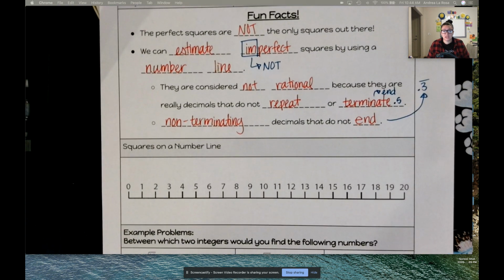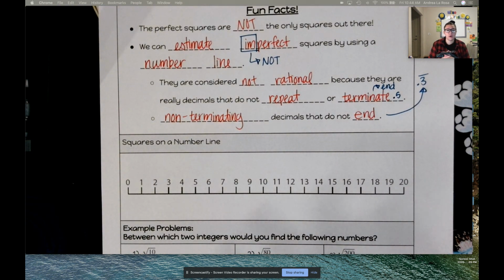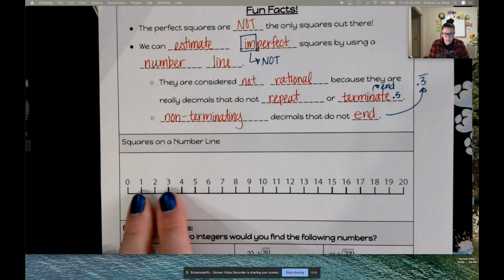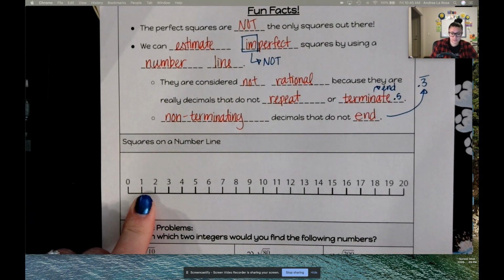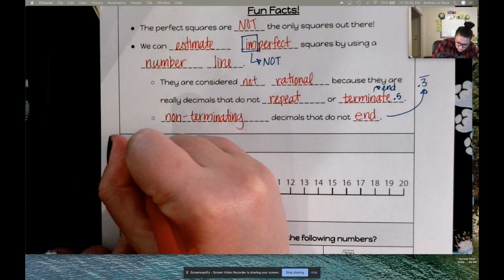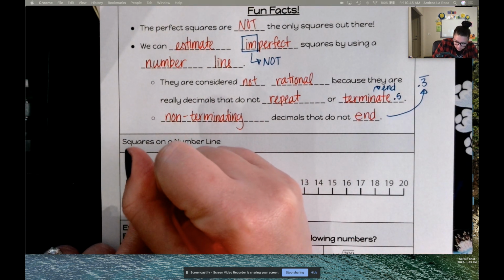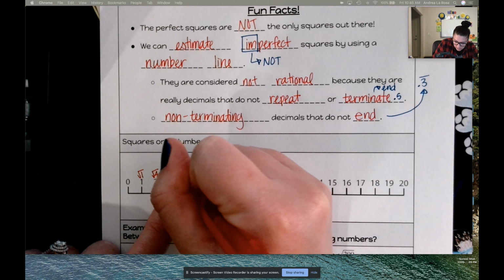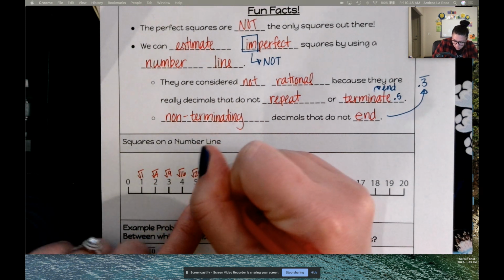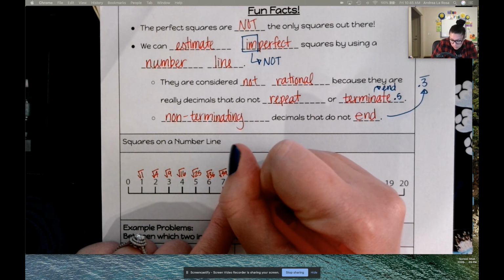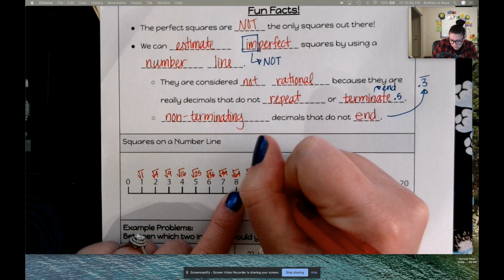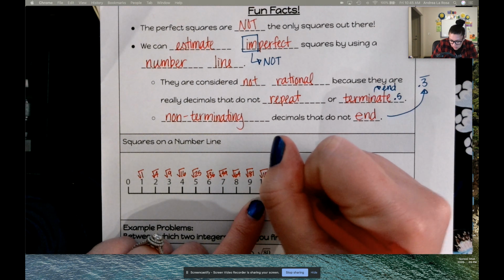So to get into estimating where imperfect squares and square roots are going to be on our number line, we want to think about these number lines with their perfect square roots. So we know 1 is the square root of 1, 2 is the square root of 4, 3 is the square root of 9, and so on for this whole number line. Remember, you do get your calculator for this, so if you don't have them memorized, that's okay.